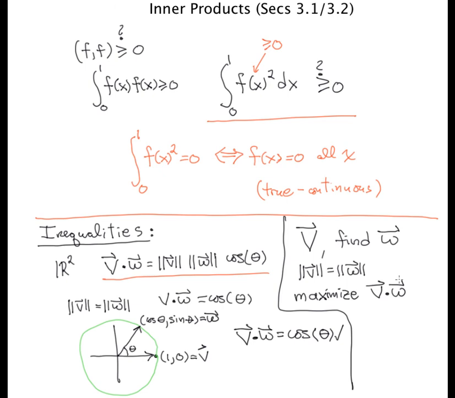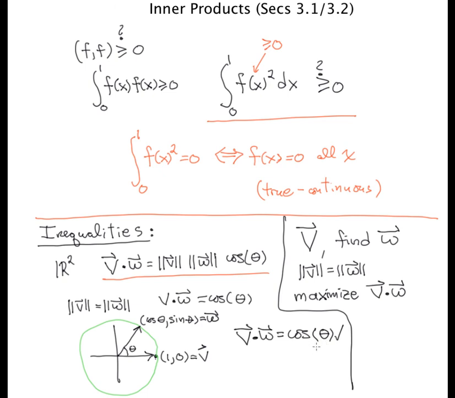Well, if you look at this picture, if you think of V as being this vector and this as being W, you're allowed to choose any W on the circle, and then the dot product would be the cosine.